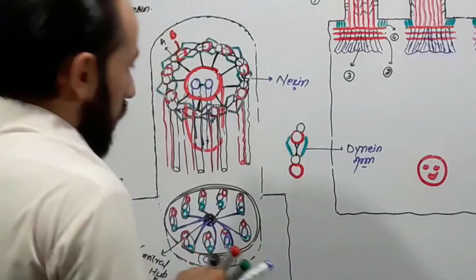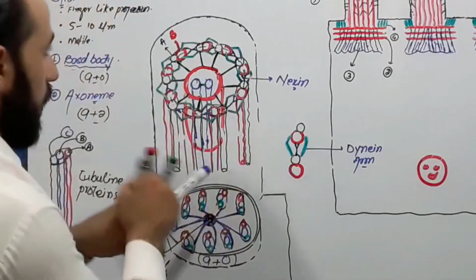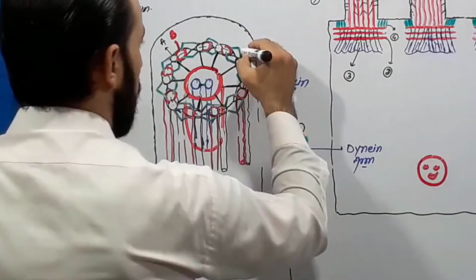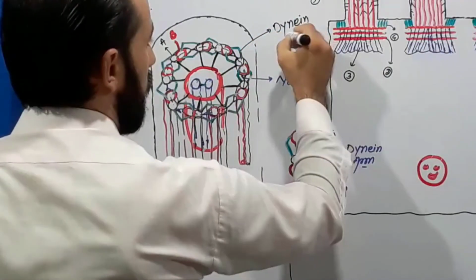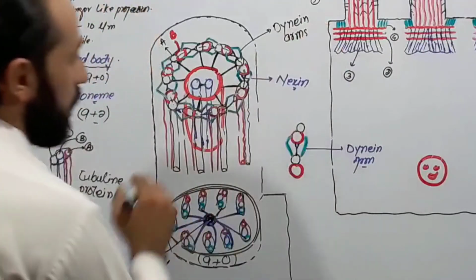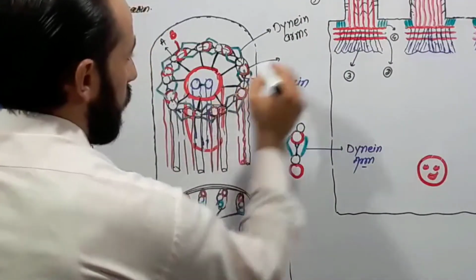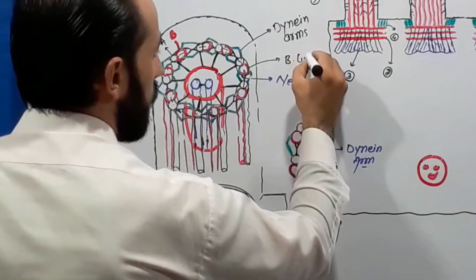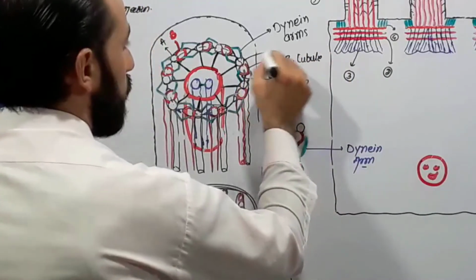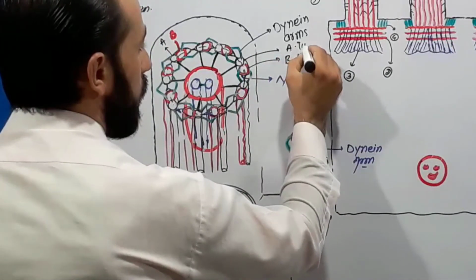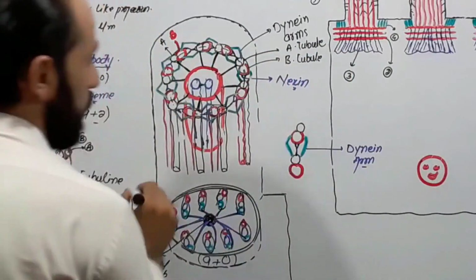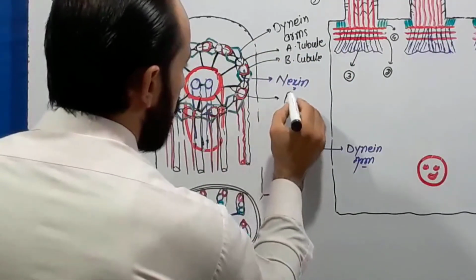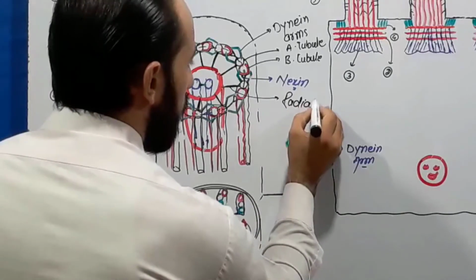So in a very simplified way, let us label all of these. These green ones are the Dynein arms. What is this red one? This is the B tubule. This black one is the A tubule. And then the Nexin protein. These are the radial spokes.